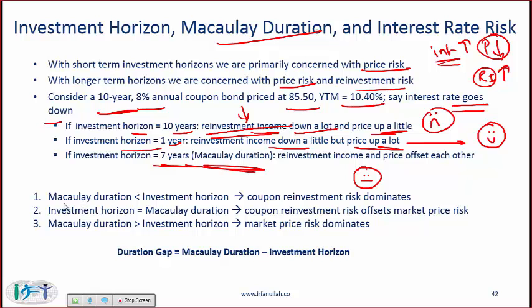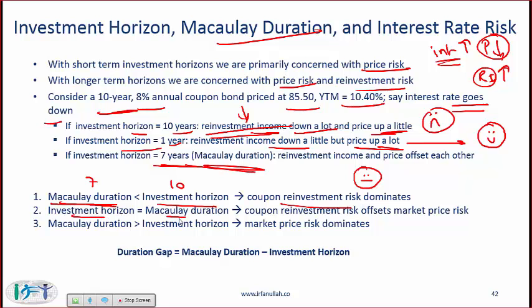So if your Macaulay duration of 7 is less than the investment horizon of 10, then the coupon reinvestment risk dominates.